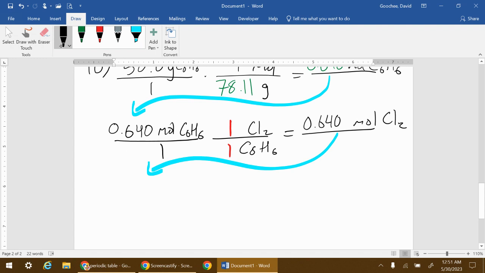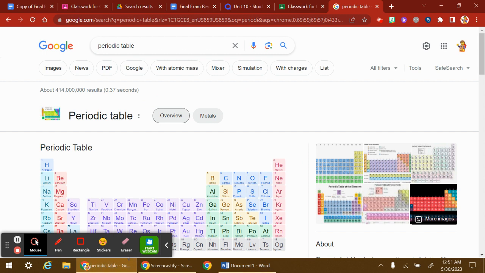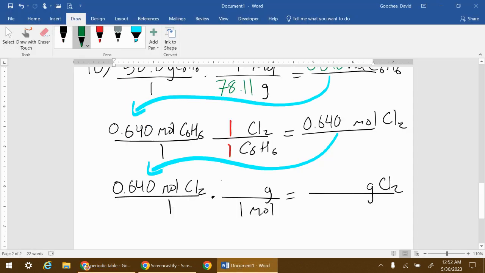Boom. Now, if you have 0.640 moles of Cl2, what mass is that of Cl2? So I want to get out of moles and into grams. I'm going to go to my periodic table. Cl is 35.45, but I got Cl2. So 35.45 times 2 equals 70.9 grams.